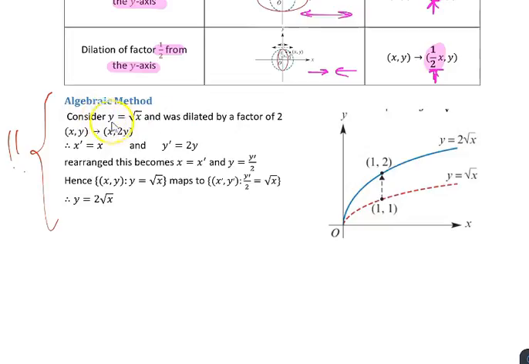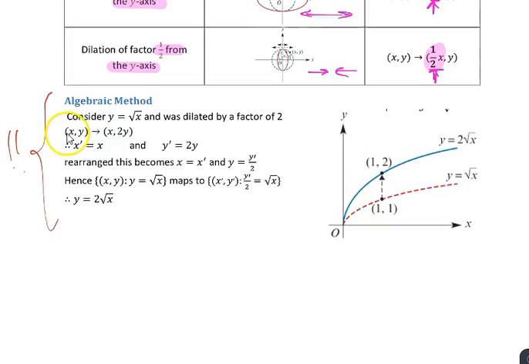So the algebraic method. This function is a square root function, y equals root x, and we're saying it's getting dilated by a factor of 2 from the x-axis. Note we're going from here up to 2, so (1, 1) moves to (1, 2). So our y value is getting multiplied by 2.